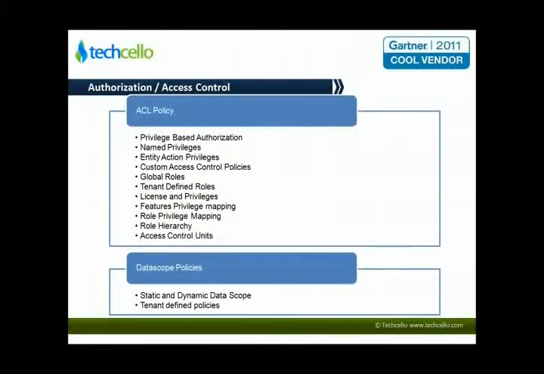Okay, so let me proceed further to the remaining parts of the presentation. We also have to handle notifications in your product, so we need a notification engine which can send out either asynchronous or synchronous emails. It can be batch-based email notification.